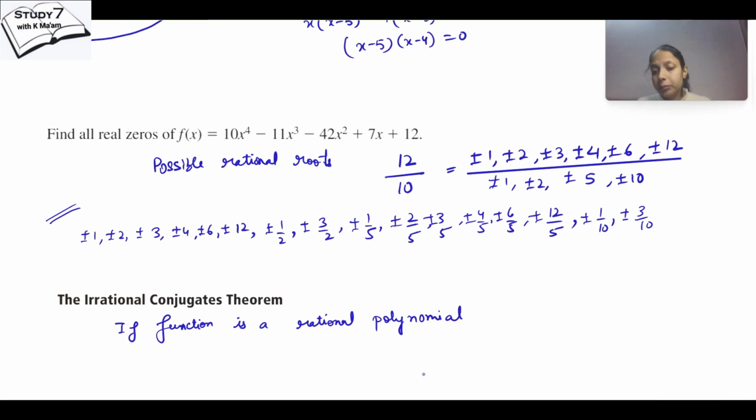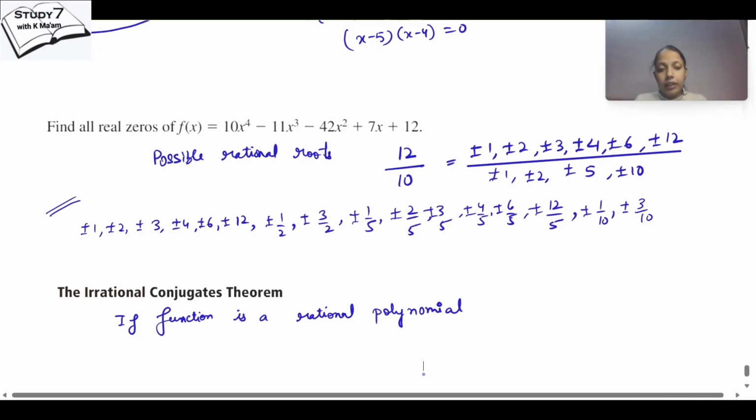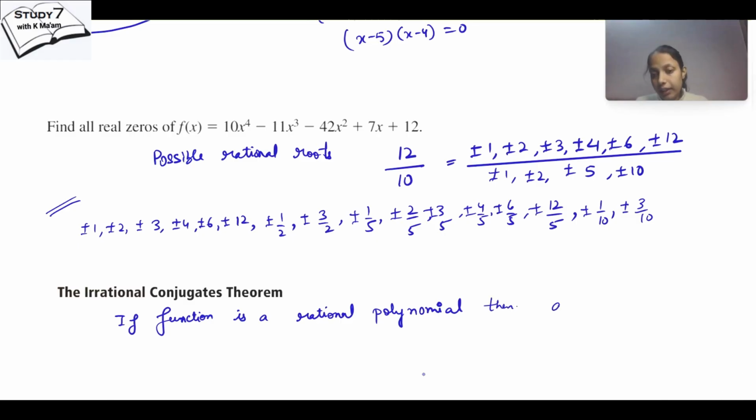Rational polynomial means when the coefficients are rational. If the function is a rational polynomial, then if a plus root b is a solution, then also a minus root b is a solution.